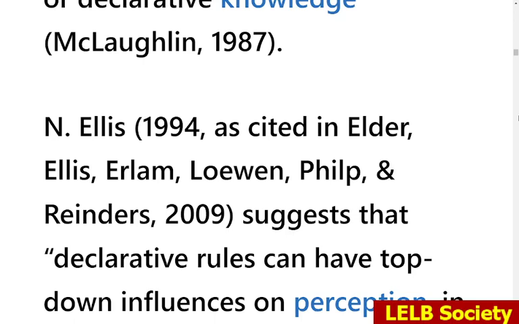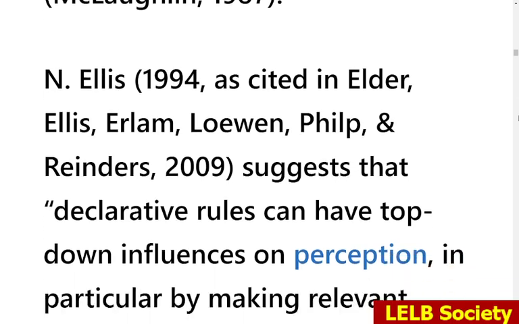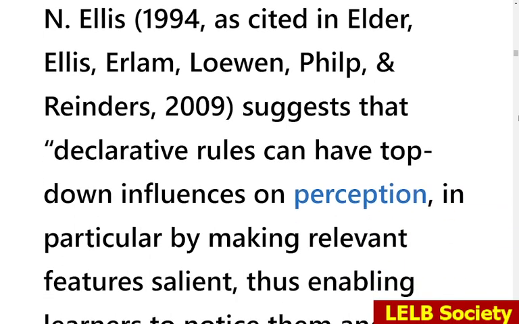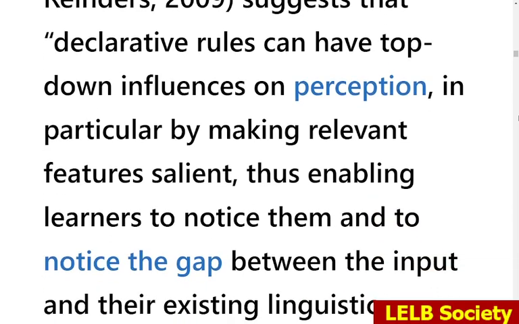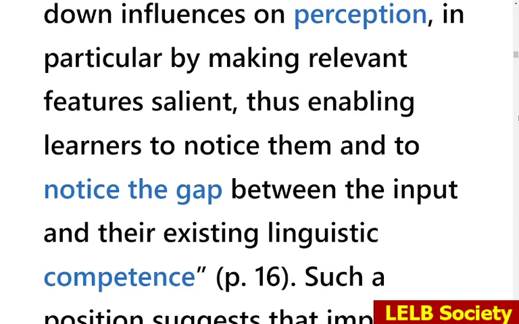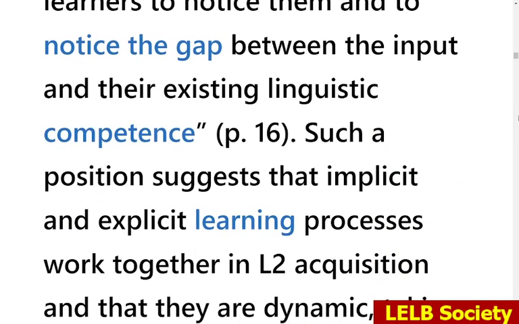Nick Ellis, 1994, as cited in Elder, Ellis, Erlam, Philp, and Reinders, 2009, suggests that declarative rules can have top-down influences on perception, in particular by making relevant features salient, thus enabling learners to notice them and to notice the gap between the input and their existing linguistic competence.